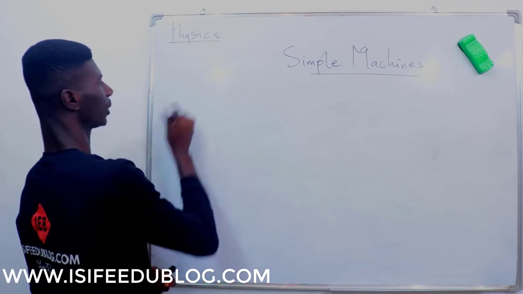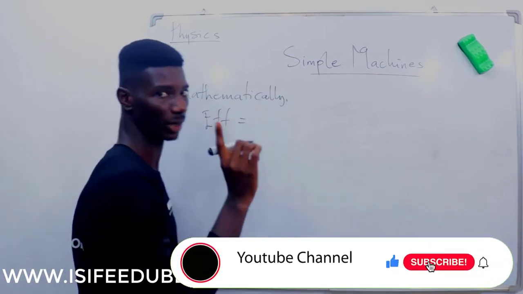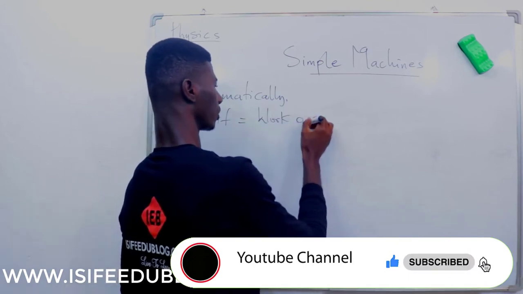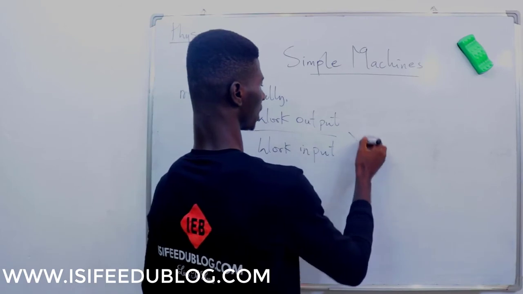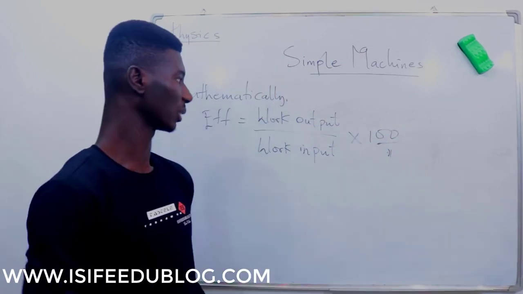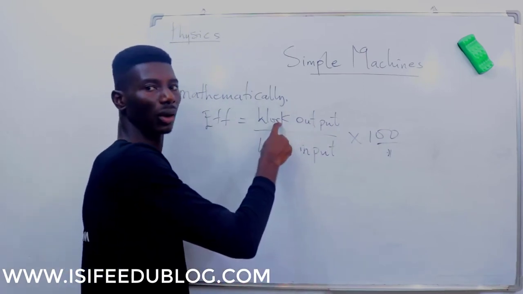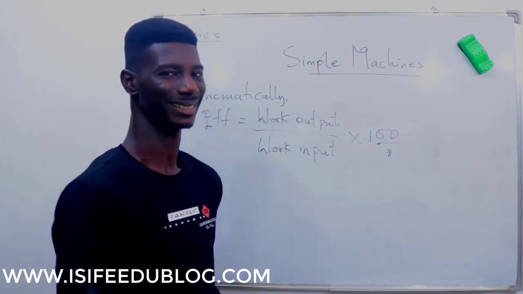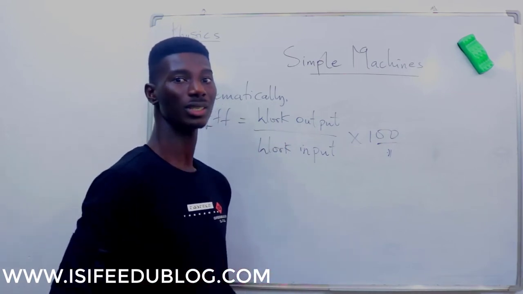So mathematically, efficiency is equal to work output divided by work input, times 100 over 1. Now, work means force times distance. That is what you call work.